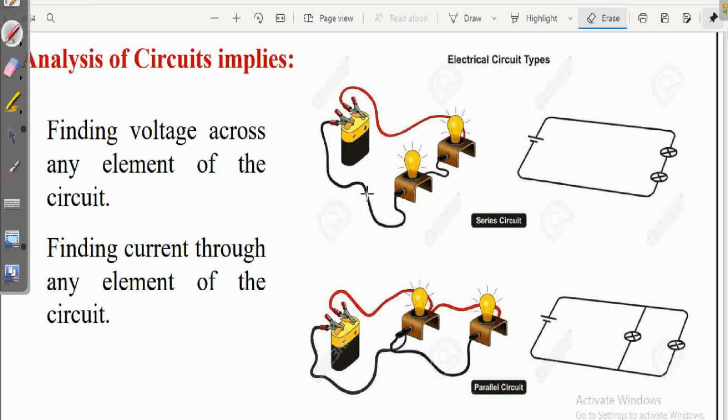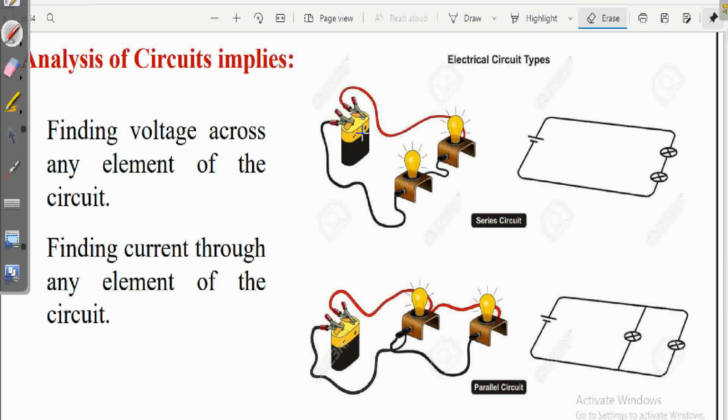In the analysis we find the voltage across the element or the current through the element. By using that, we are going to find power or any other things. So the basic things we see in the analysis of a circuit are the voltage across the element or the current through the element.